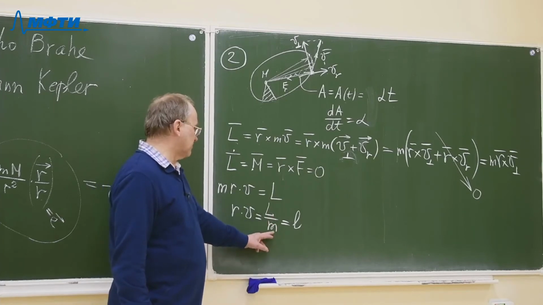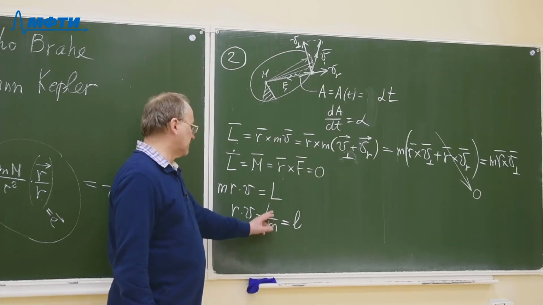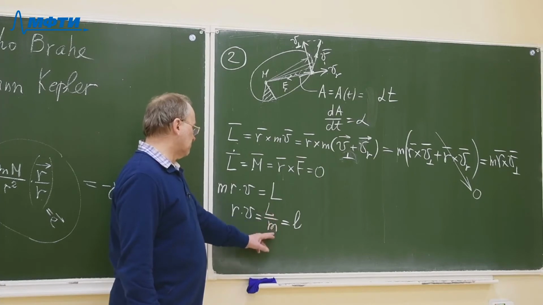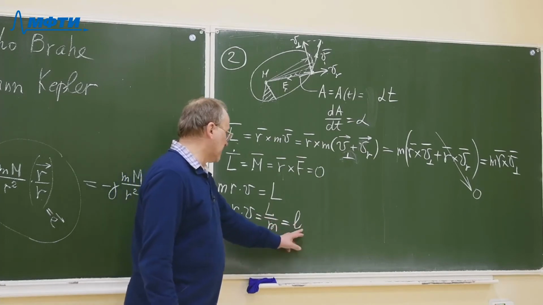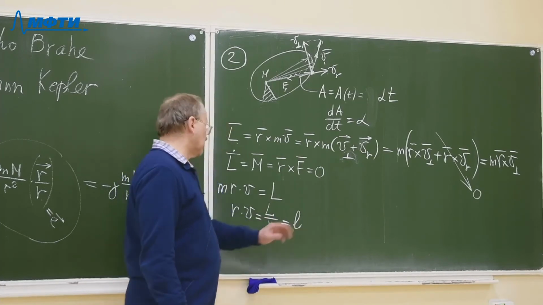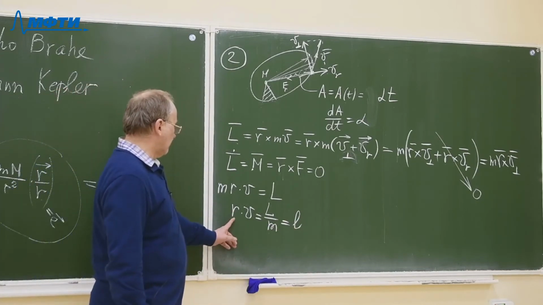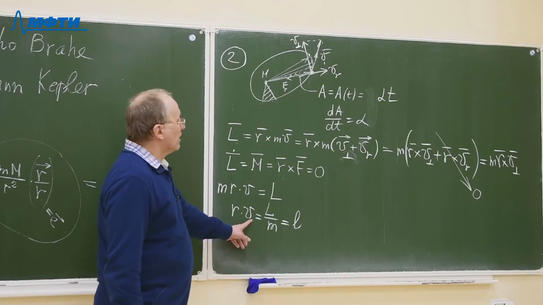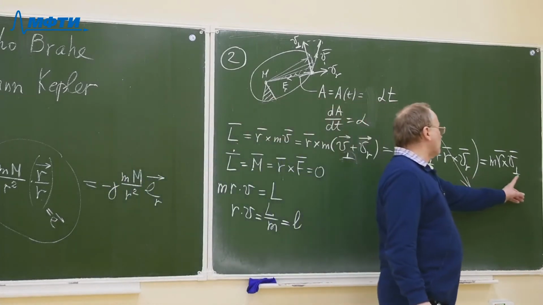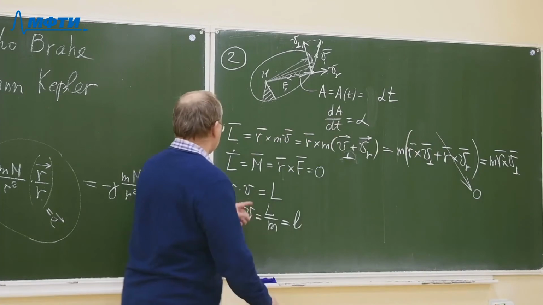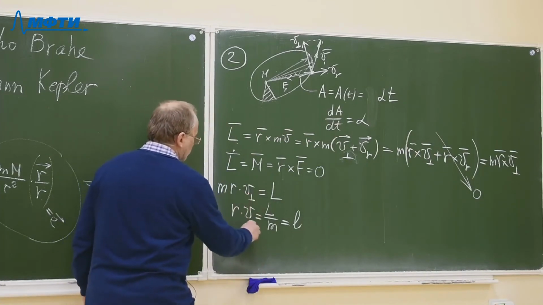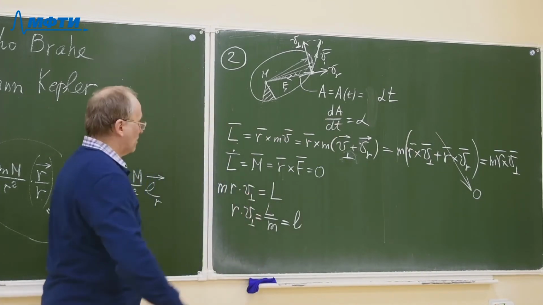Different planets have different masses and different angular momenta, but this quantity is also important, angular momentum per unit mass. We will denote it by small l, and it's equal just to r times v. Sorry, we talk about v perpendicular, so here we must use the perpendicular component of the velocity.